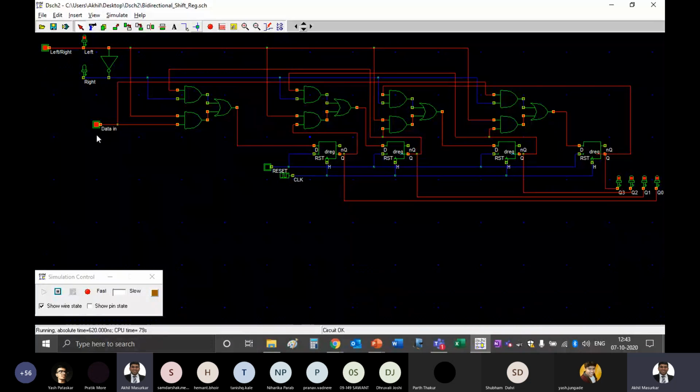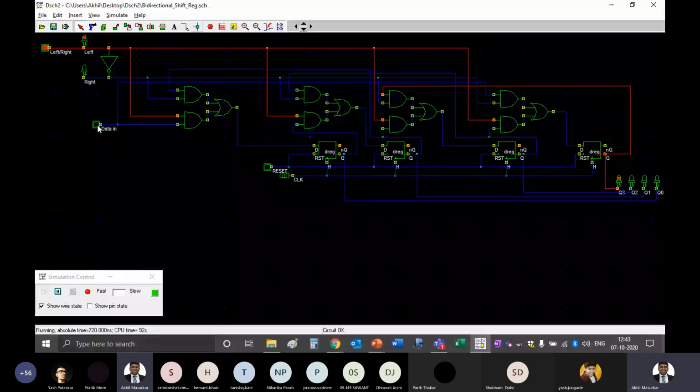Since the data in is 1, you are continuously inputting ones from the Q0 side. If I start inputting 0, now you can see Q0 will become 0, then Q1 will become 0, then Q2 is 0, and then Q3 will also become 0.